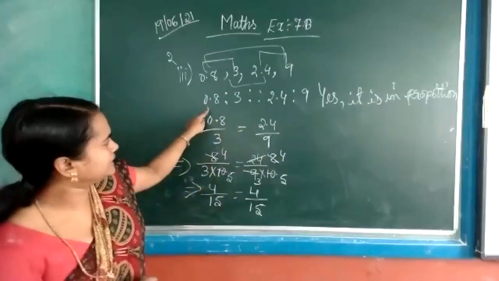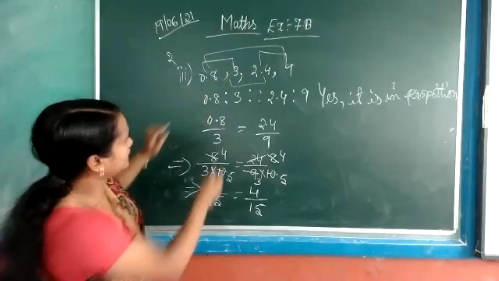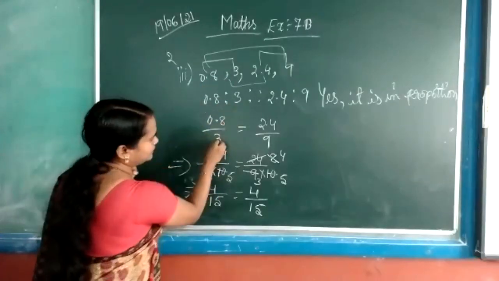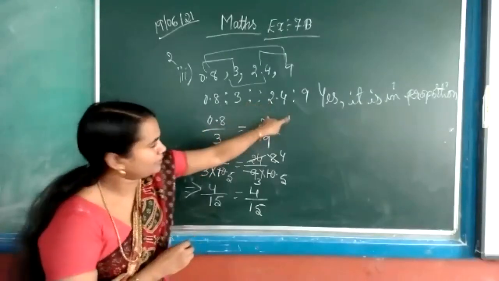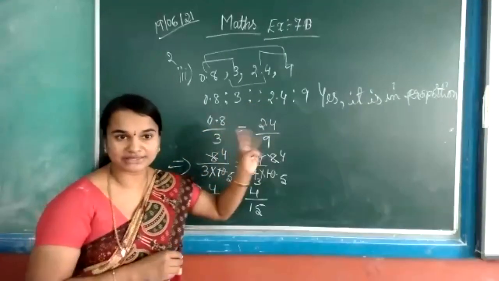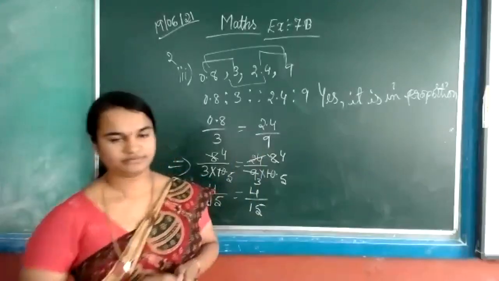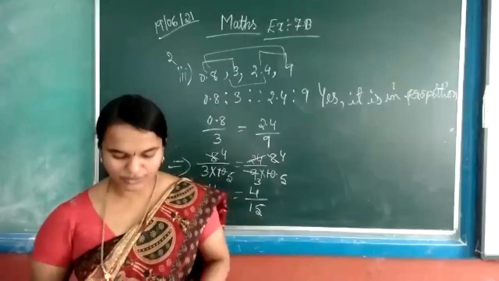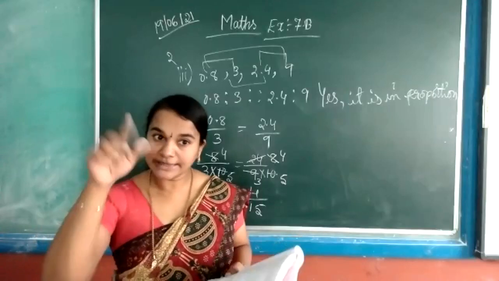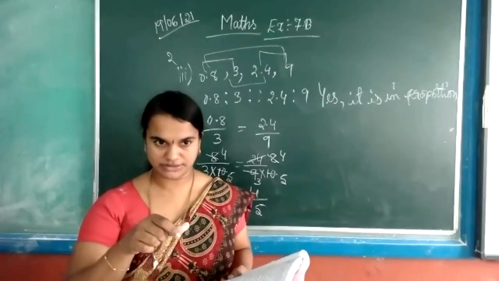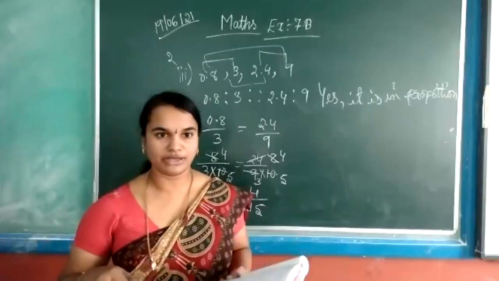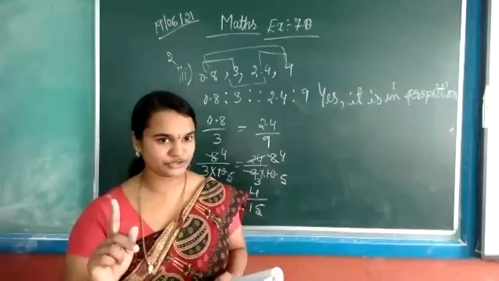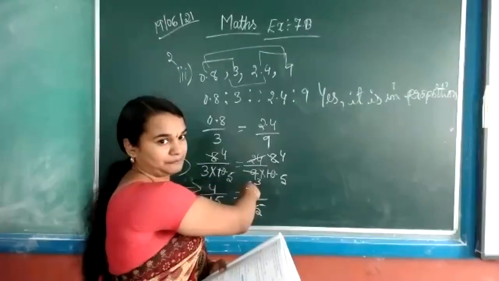If you are following this method, this and this. You see here 0.8 upon this one and 2.4 upon 9. This is another method. Two methods are there. So here fourth one, 1 upon 5 into 8 upon 1 it will become for the first part, and second part 1 upon 4 into 10 upon 1. Don't get confused on that.